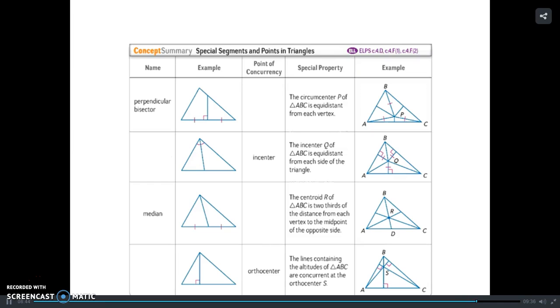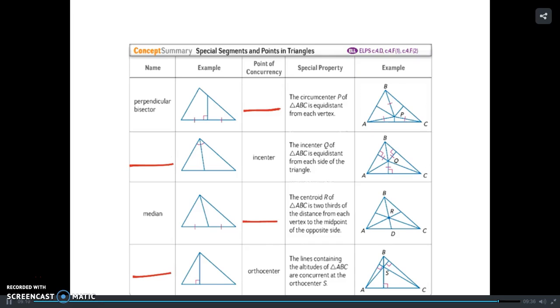And don't be surprised if I gave you something like this, where you have to go back and actually fill in the missing information, okay? So it's going to be really important that you have your notes filled out and that you can tell which line segment we drew on a triangle, and then if you were to draw all three of those line segments in a triangle, what would that point of concurrency be called?